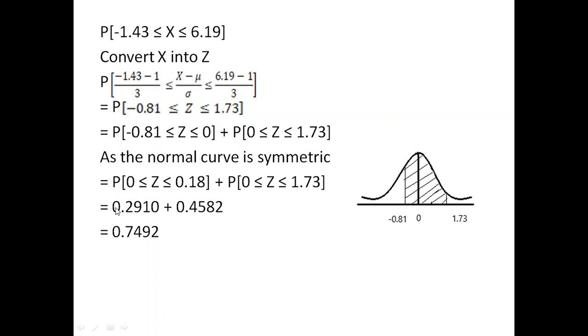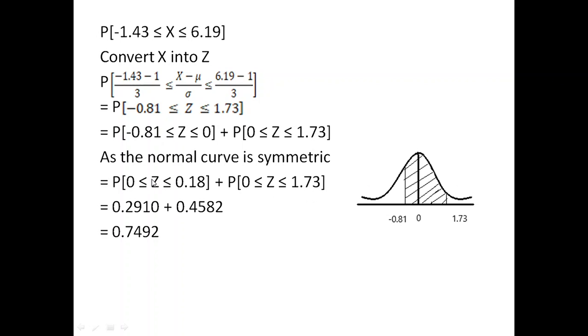So similarly, the next part is also like this. Now again you convert it into z, but here you can see a minus sign, which means that now you will make the point below 0. So here we have made the point below 0, and we need to calculate the probability or the area of this all shaded part.